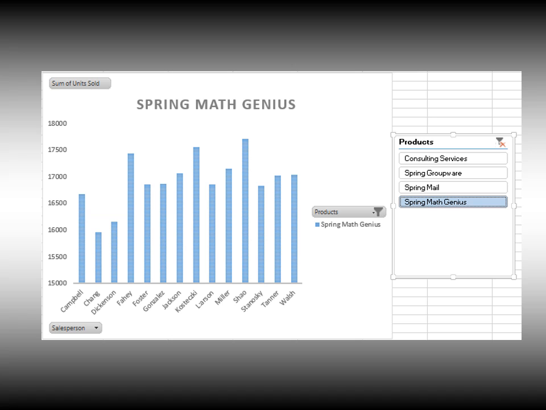With the touch of a button, you can click on any of the 4 items and the graph would change, showing you each separate salesperson's number of units sold for that product. This is very useful because you can easily compare the data between each different salesperson and the number of units they sold for that particular product.